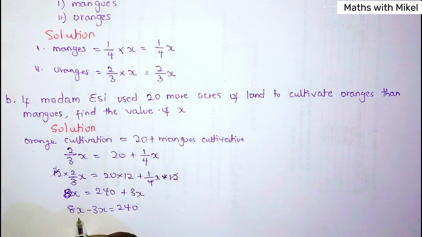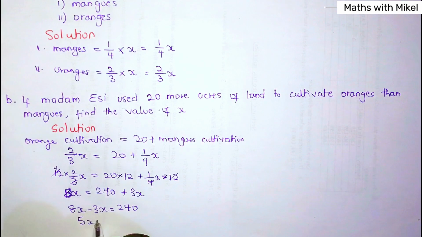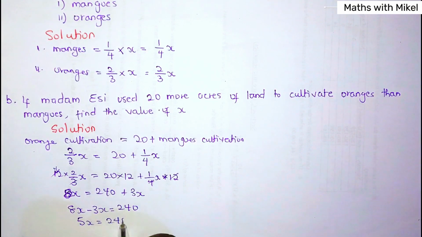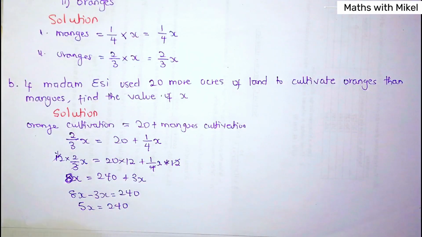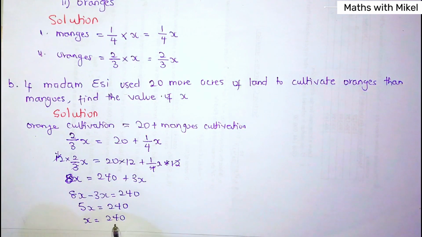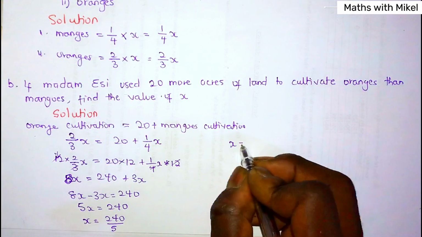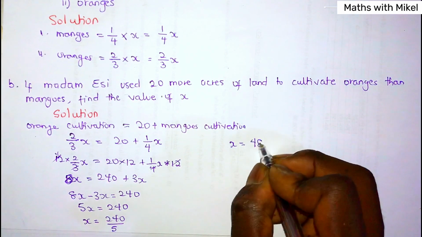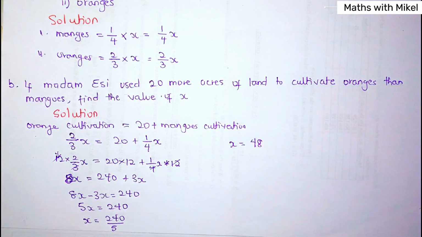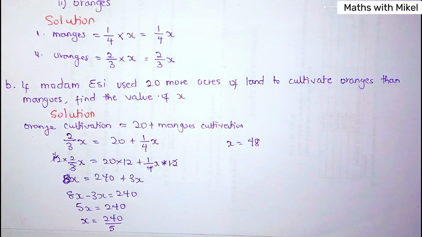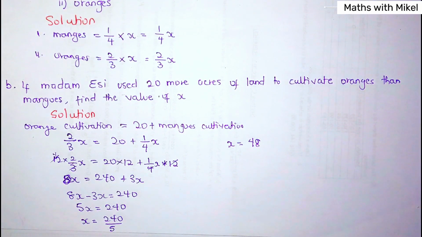If I subtract, I get 5x is equal to 240. And x will be equal to 240 divided by 5, and x is equal to 48. So that answers the B part of the question. x is equal to 48.